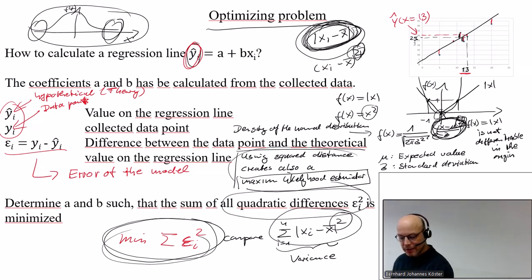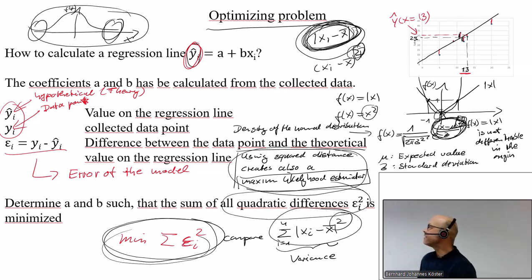And the last reason, which I think you haven't heard yet, is that Carl Friedrich Gauss, 250 years ago, almost everything what we are doing in mathematics, he had already thought about it. He found that the squared distance is also deeply connected to the so-called maximum likelihood estimator.